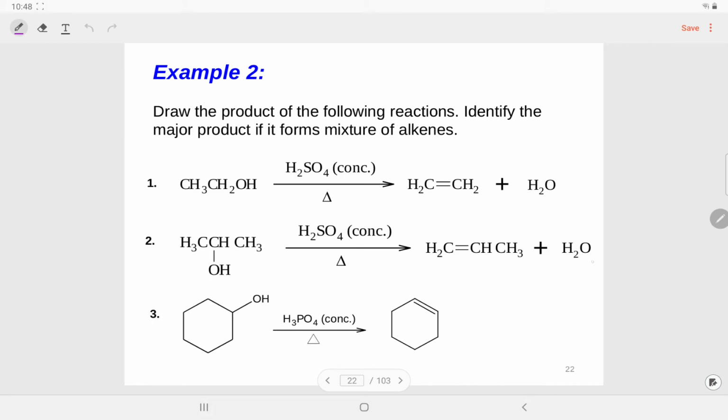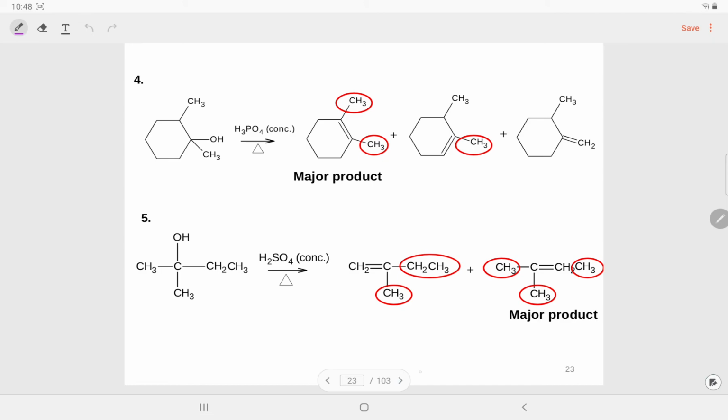So this is our chemical reaction. I just go through it only. This is our previous lesson. Okay, so we focus on example number 4. If you refer to example number 4, we have three products formed. What is the meaning of three products formed? It means this process involves rearrangement.